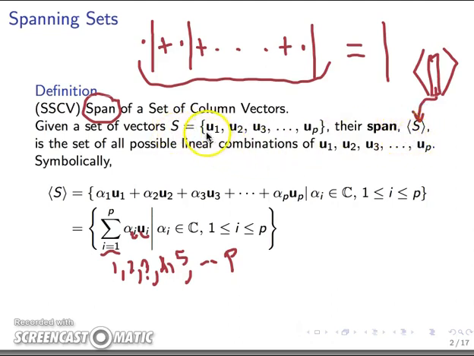The set itself is a collection of members, in this case p vectors, and putting these symbols around the name of the set denotes the set of all possible linear combinations, considering all possible values of scalars. That is what we agree on as the definition of the span of a given set of vectors.